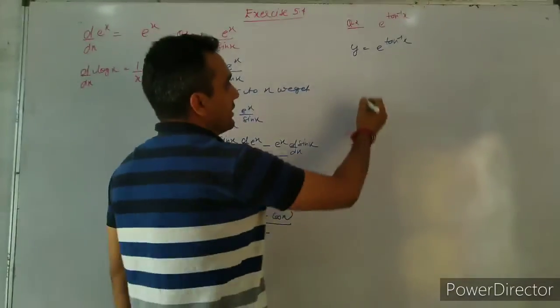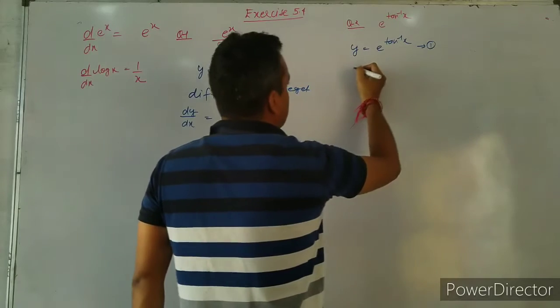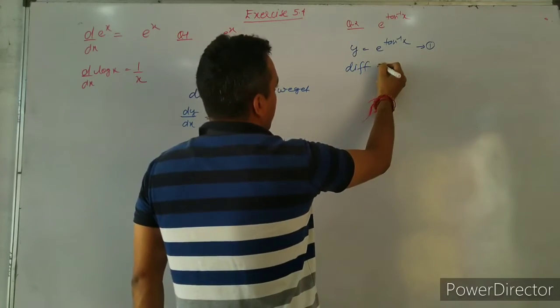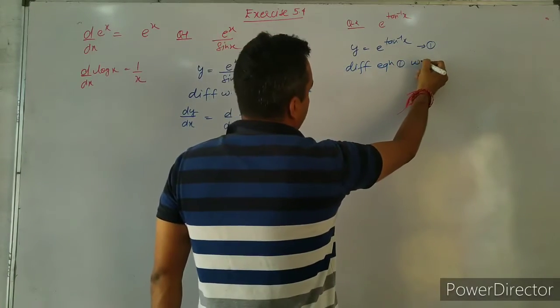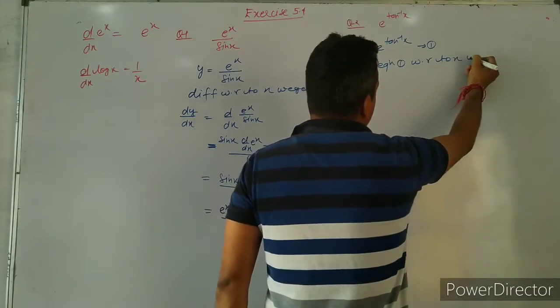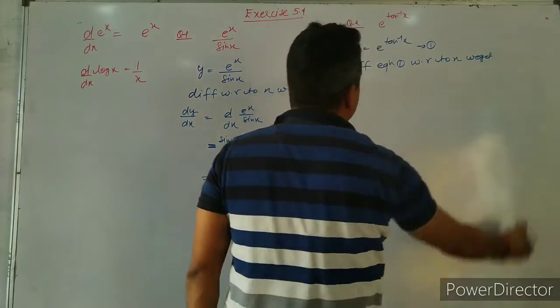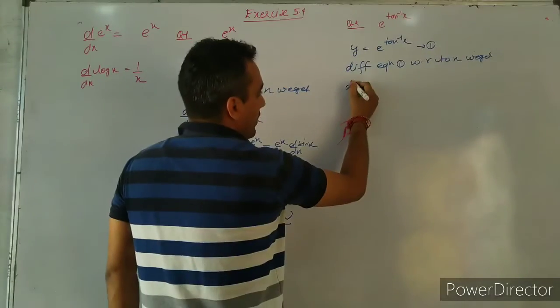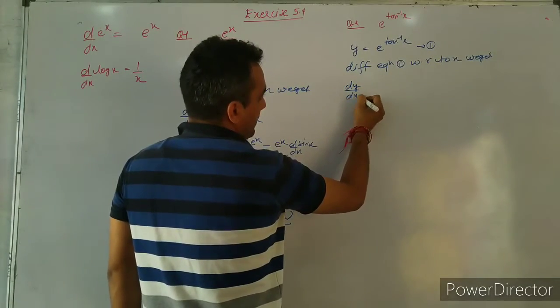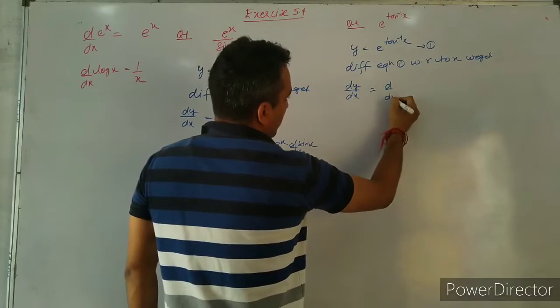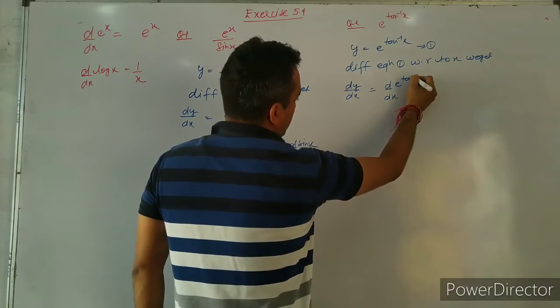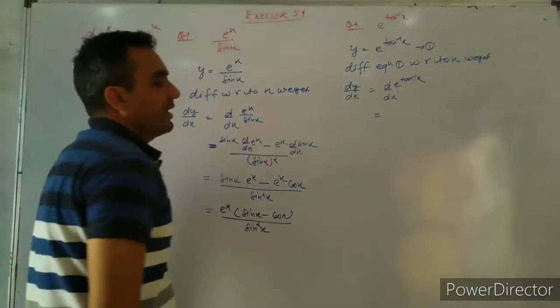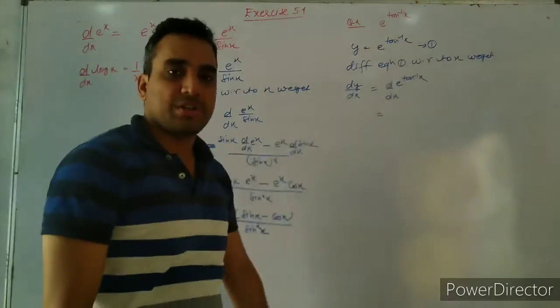Now differentiating equation 1 with respect to x, if we differentiate this equation with respect to x, what we will get? Differential of y will give me dy upon dx, and differential of e to the power tan inverse x will give me its differential.